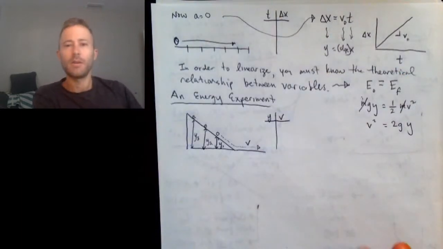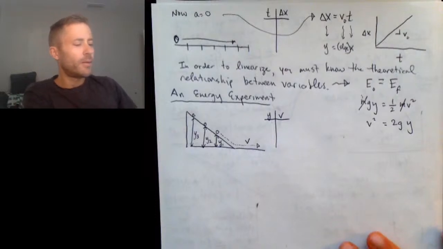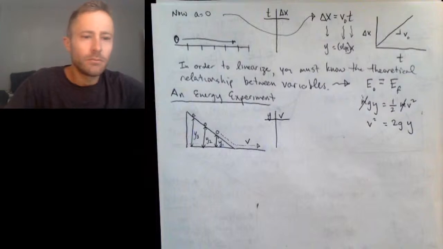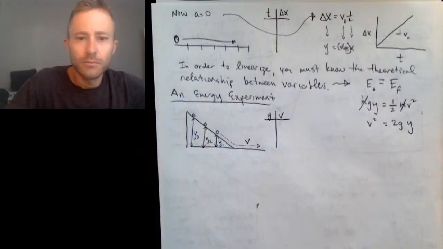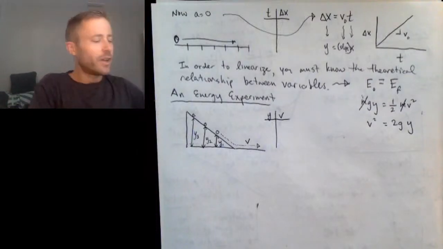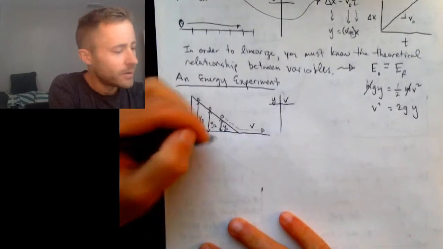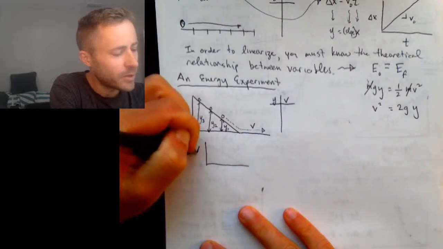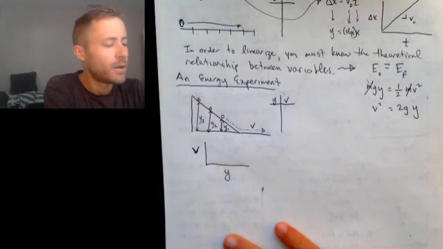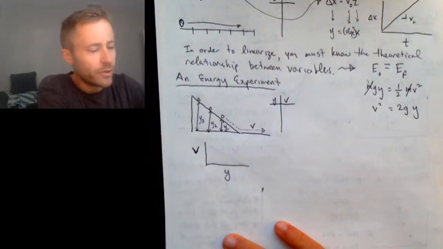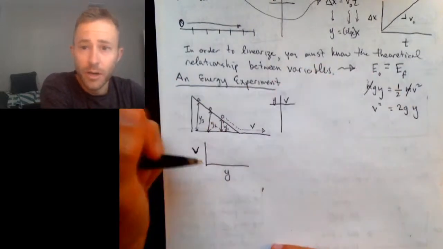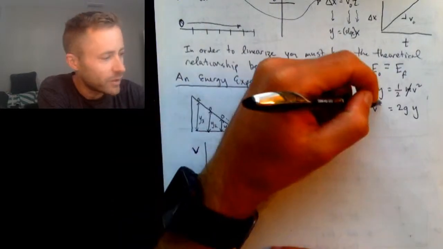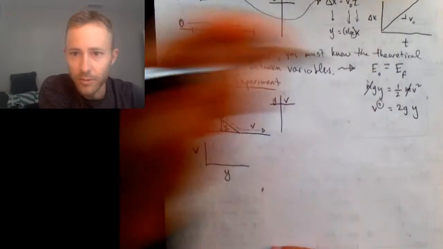All right? So what if I decided to graph just speed versus y? Speed at the bottom versus y. According to this equation, the theoretical relationship between these variables is not linear because of the presence of this v squared.